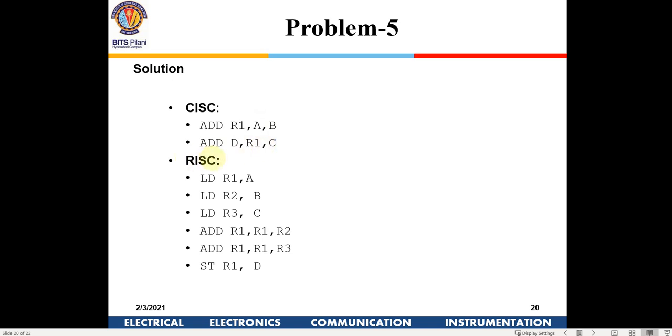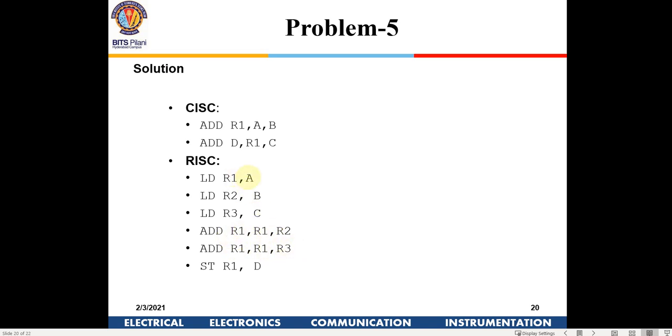Whereas in RISC you can't do arithmetic operations between memory and registers. You can only move the data from the memory to the internal registers. All arithmetic operations will be done register to register only in RISC.